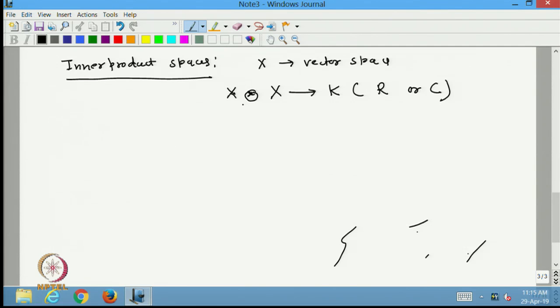If you want to differentiate between the inner product function and the norm function, it is a binary function because it takes two operands, and the inner product function satisfies the following properties which I am defining now.